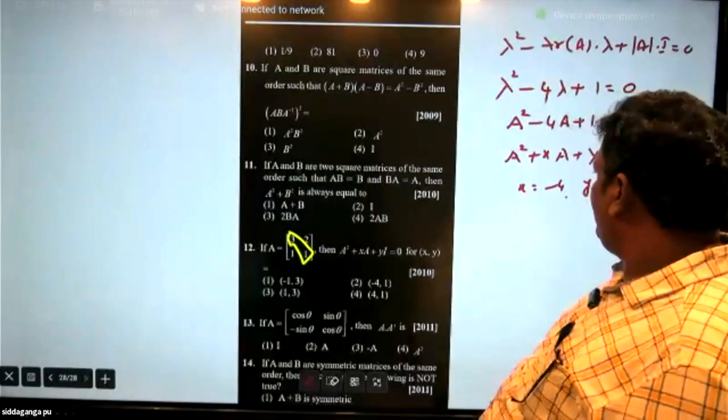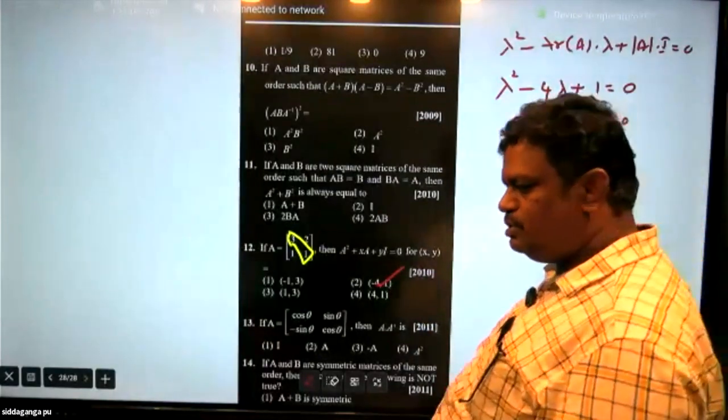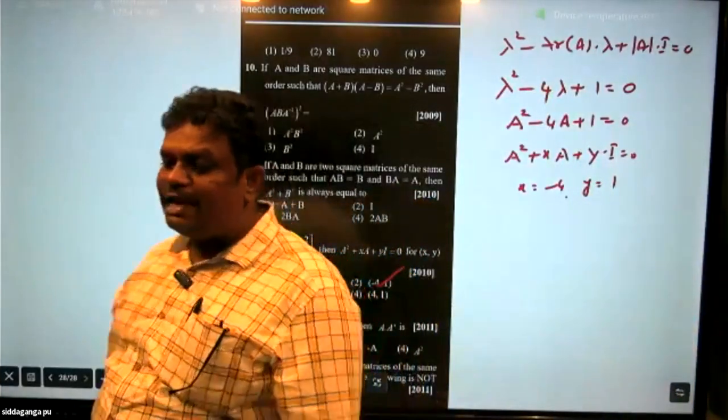So minus 4 comma 1. This is the correct option. The second one is correct. This is a very easy method.